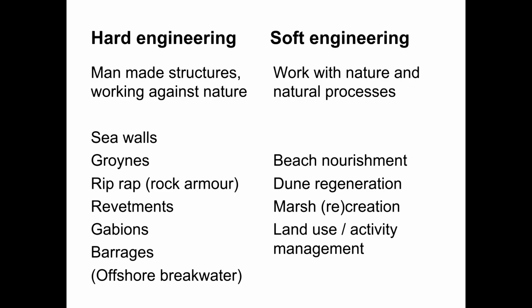Hard engineering essentially is something that you make, and you're trying to stop natural processes, stop erosion, stop longshore drift, whatever it happens to be. Whereas soft engineering is where you're trying to be much more natural, you're trying to be much more sustainable.